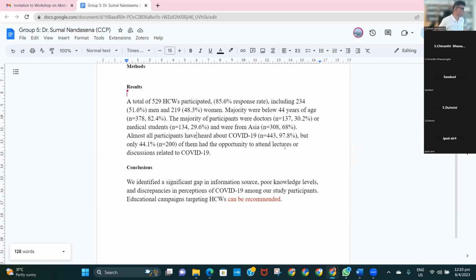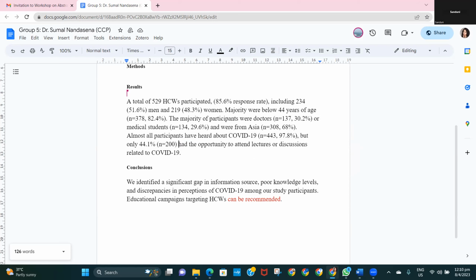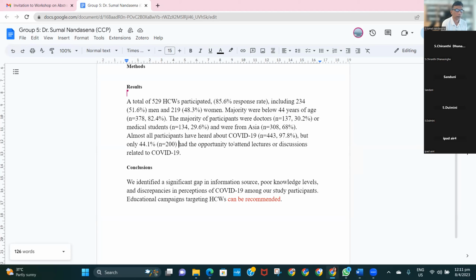And also, if we are going to keep the second section, only 44.1% had the opportunity to attend lectures. Had the opportunity. Lectures or discussions, educational activities related to COVID-19, instead of the lectures and these educational activities.